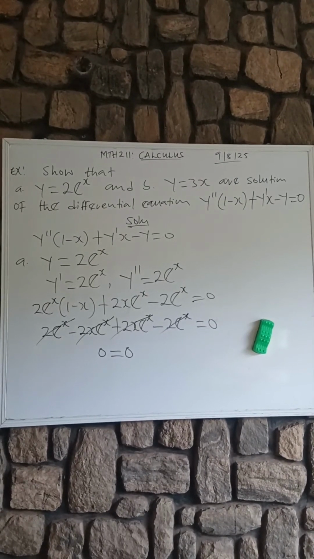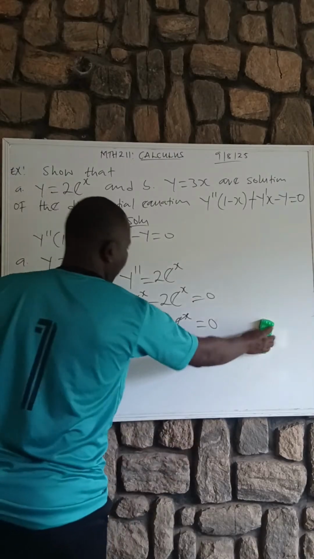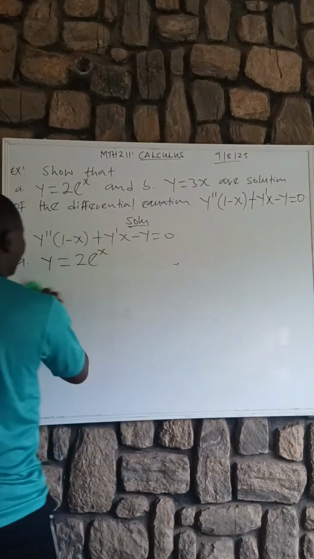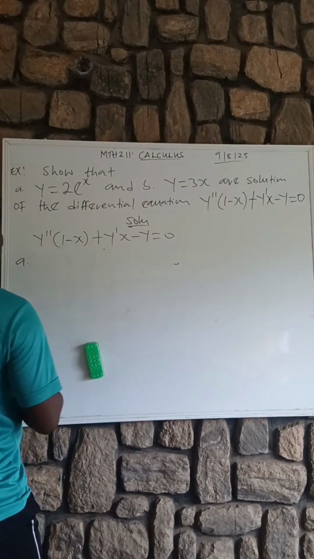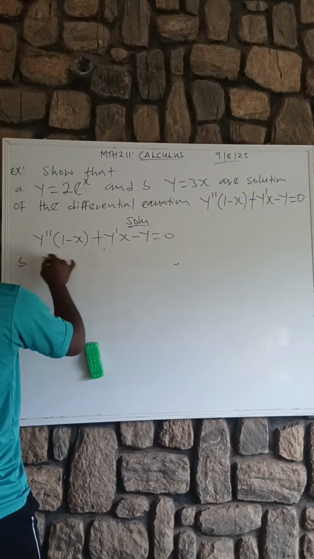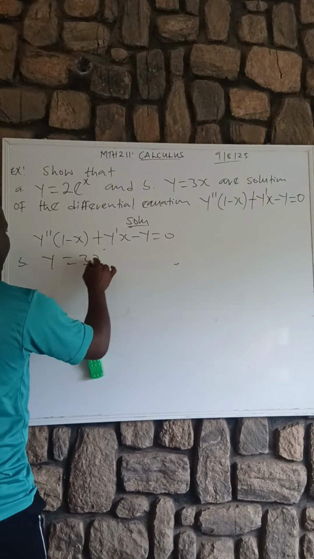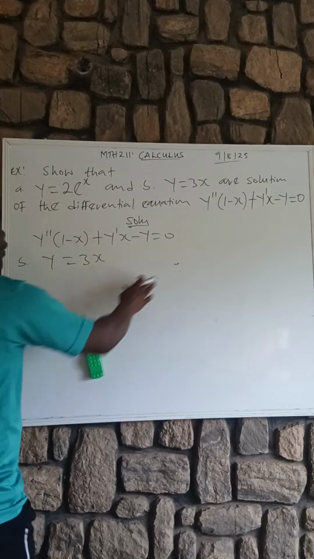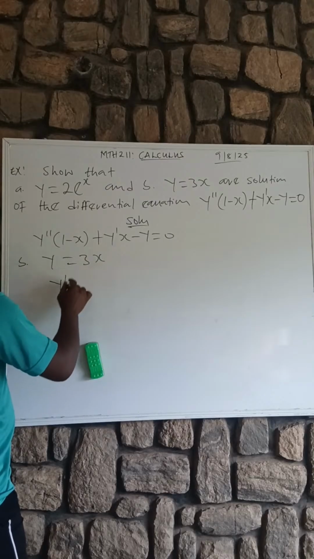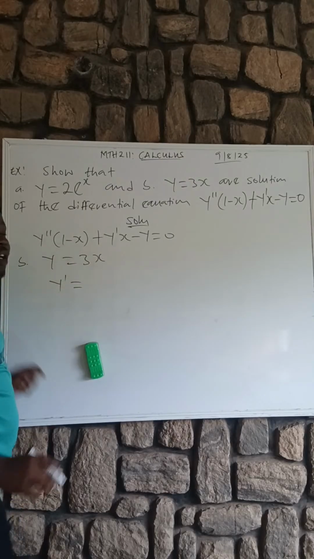Okay, so let's consider the B part. The B part is y equals 3x. So let's differentiate and substitute. If we differentiate 3x, what are you supposed to have?